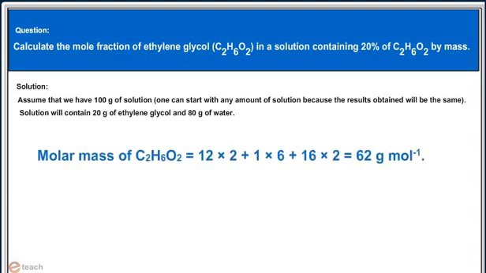Molar mass of C2H6O2 equals 12 multiplied by 2 plus 1 multiplied by 6 plus 16 multiplied by 2, equals 62 gram mole inverse. Moles of C2H6O2 equals 20 grams by 62 gram per mole, equals 0.322 mole.